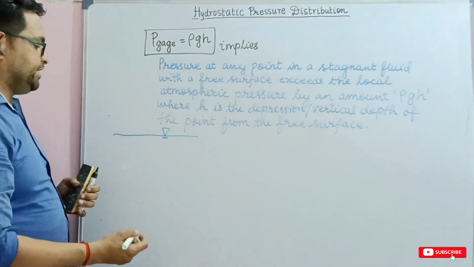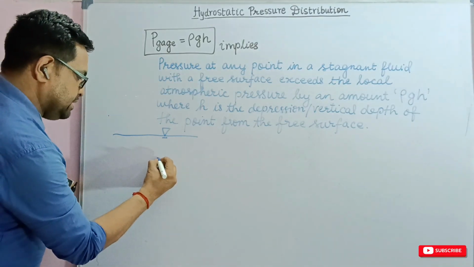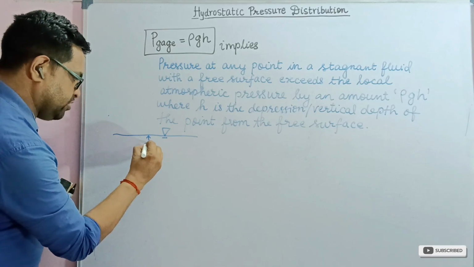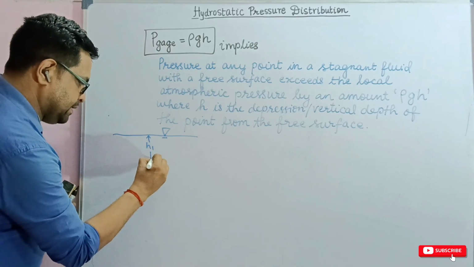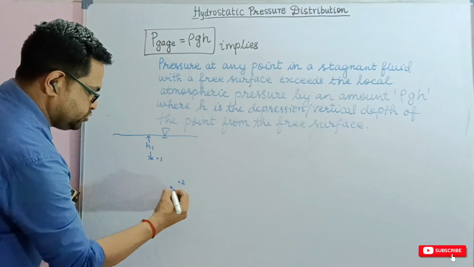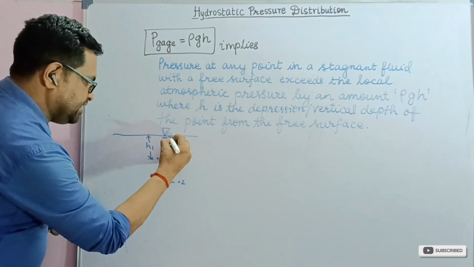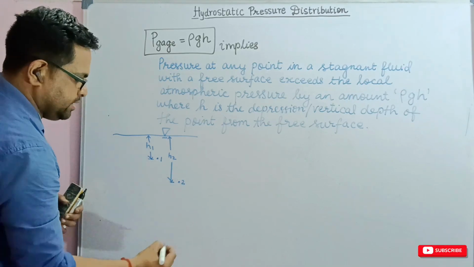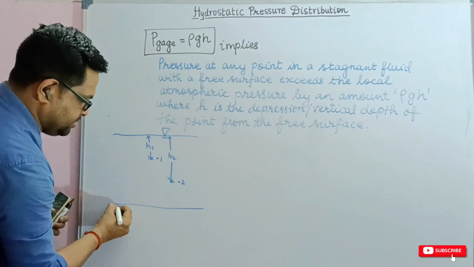Now we take various points, say we have point 1, which is at a vertical depth of h1. Let us say that this is point 2 and this is at a vertical depth of h2, and let this be the bottom.